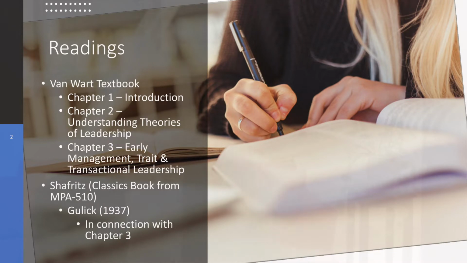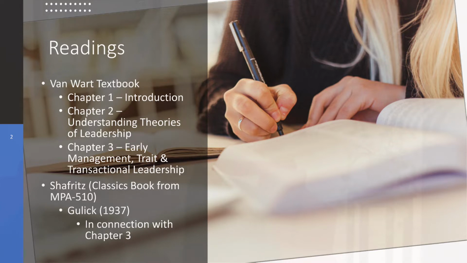Okay, for this week, our readings: we have three textbooks. We are going to be reading the Van Wart textbook, chapters 1, 2, and 3. Then you also have the Shafritz and Robert Gulick, which are in connection with chapter 3 of the Van Wart textbook.